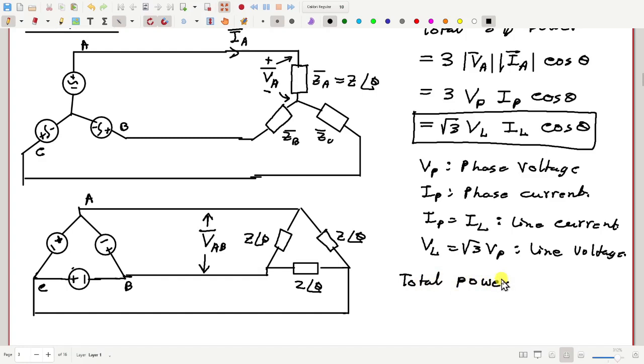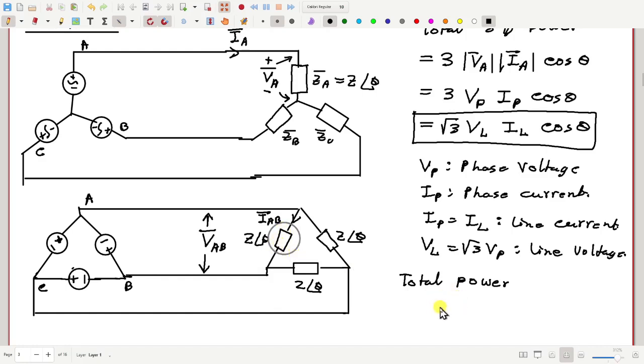Before that, how much is the power consumed by this load, by this one alone? For that, I also have to write the current. Call this current IAB, phasor.